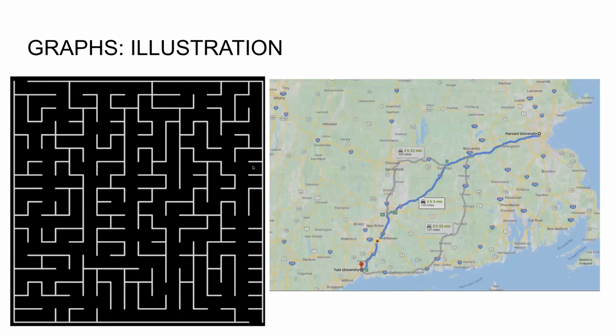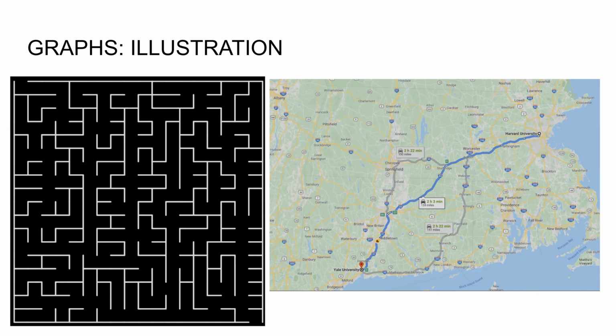So what is a graph? Well, in a lot of real world examples, you can see on the left side, there is a maze, and the problem is how to find a route from the entrance to the exit. And the other application on the right, you can see a map from Yale to Harvard, and you have a starting point and end point.